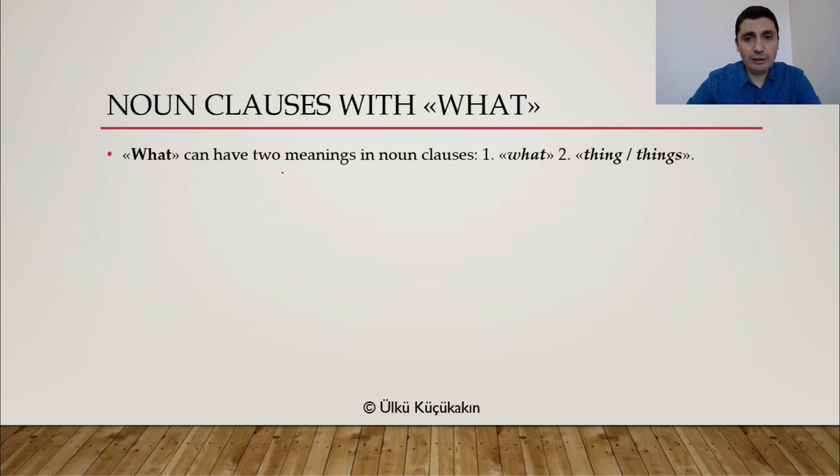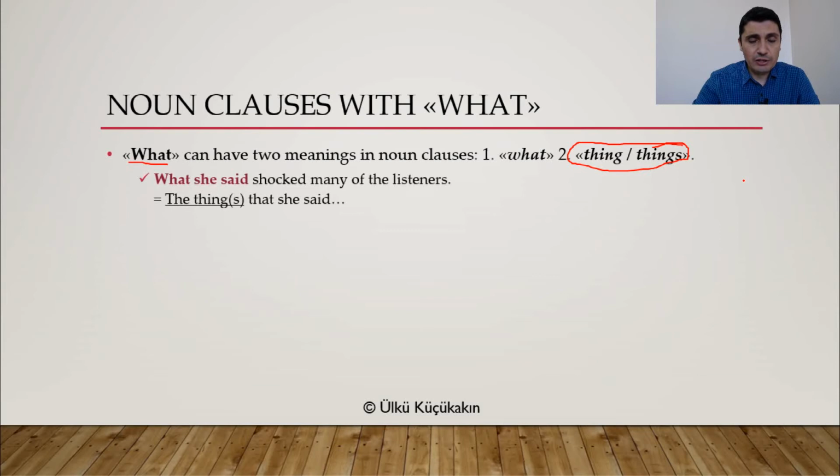So what do I mean by this? I will give you many examples. Now, what in the meaning of what is clear. Okay, you can understand these sentences. So I will not give many examples of that, but I will give many examples of the cases where what means thing or things. Let's start.